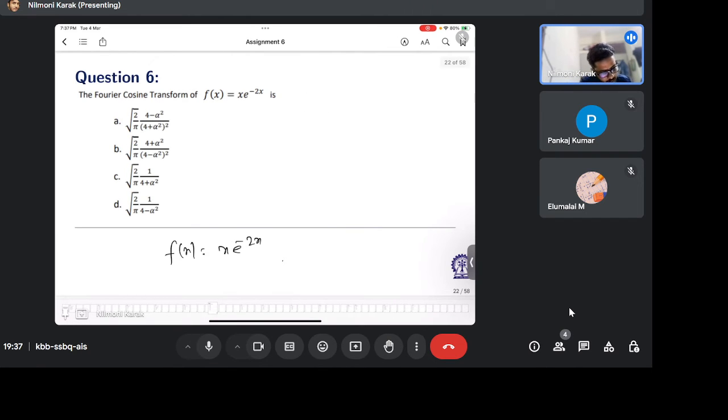One thing I forgot to mention. This is not only Fourier transform, this is Fourier cosine transform. The formula is, instead of e to the power i alpha x, you have to put just cos alpha x. For sine Fourier transform it is sine alpha x, and for cosine transform it is cos alpha x.